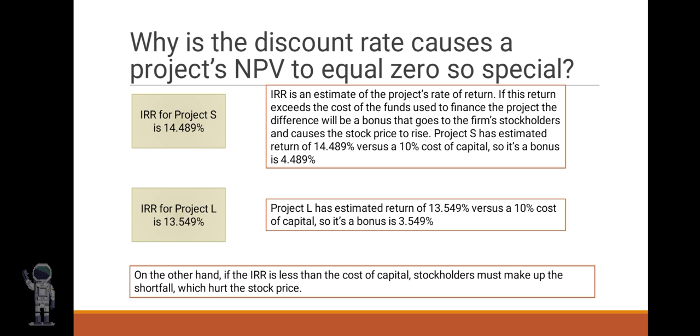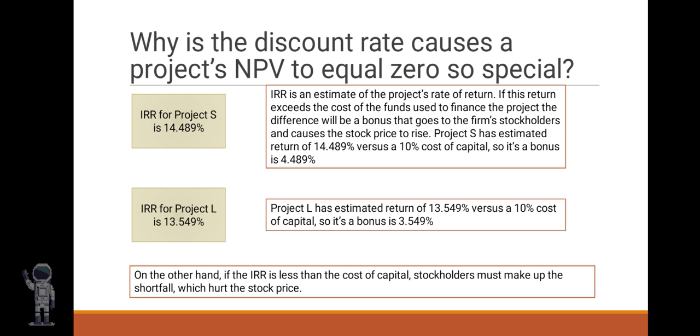Project S has an estimated return of 14.49% versus a 10% cost of capital, so its bonus is 4.489%, higher than the 10% interest cost of capital.